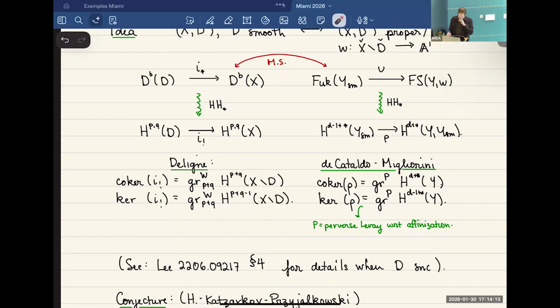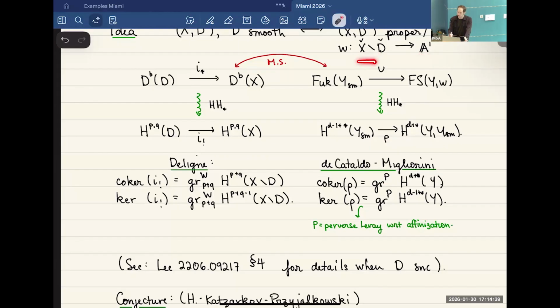And on the other side, again, this is a fairly trivial thing. I mentioned de Cataldo and Migliorini here, but it's not really that complicated a result. In this generality, if I take the cokernel of this map rho, this gives me a piece of the perverse Leray filtration with respect to this map W onto A1.